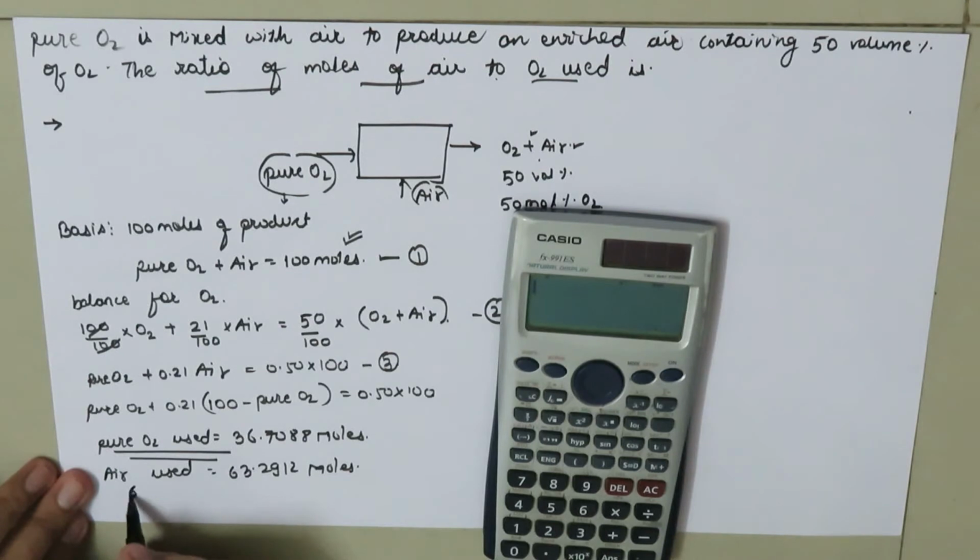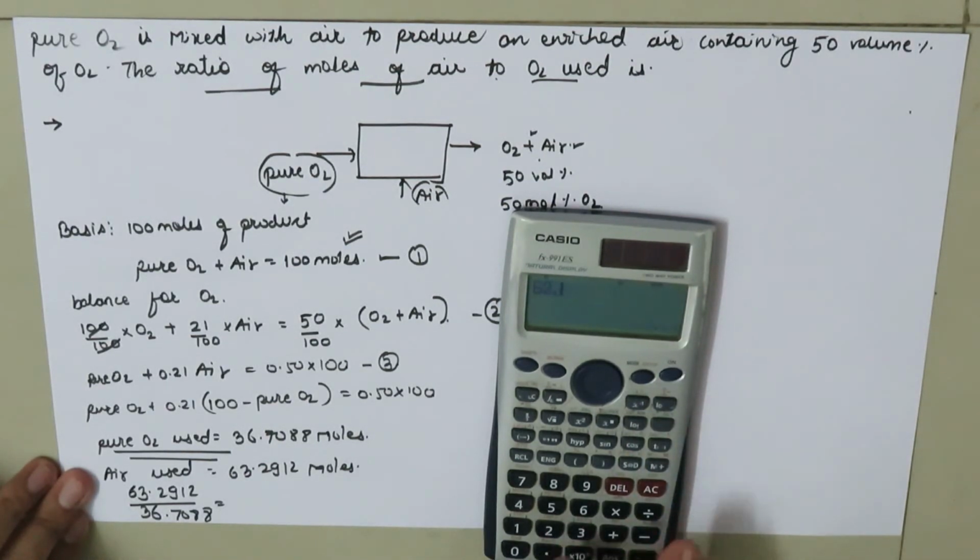So this will be 63.2912 over 36.7088, which is 63.2912 divided by 36.7088. The answer is 1.7241.